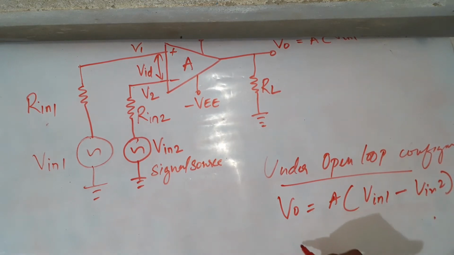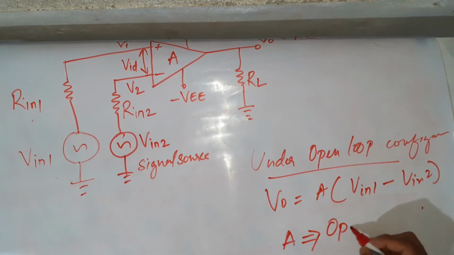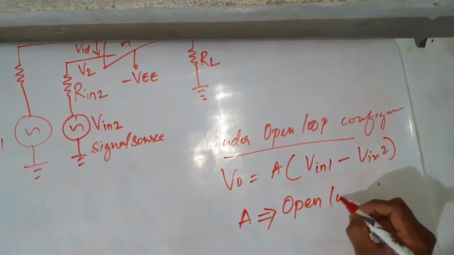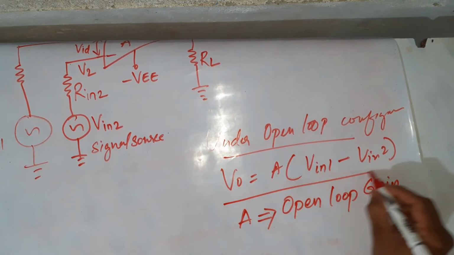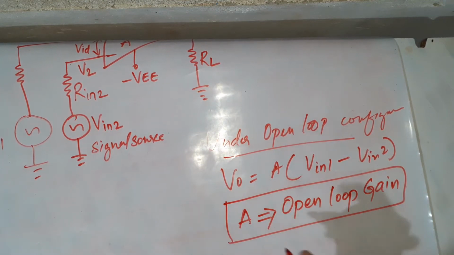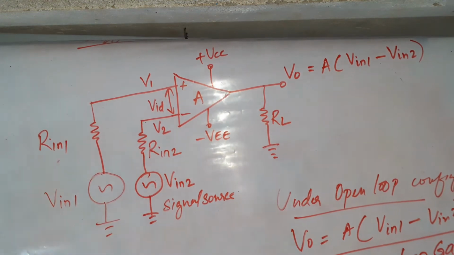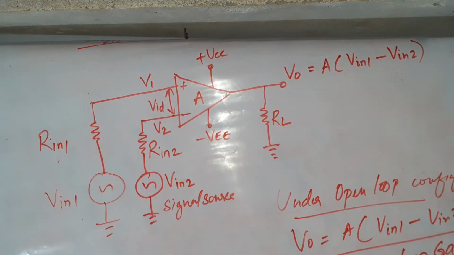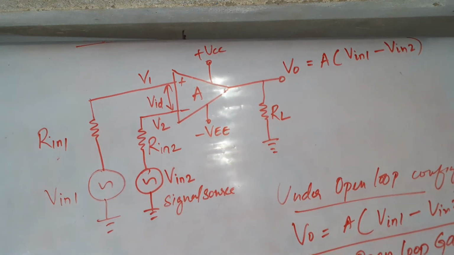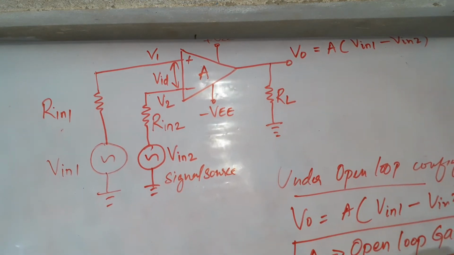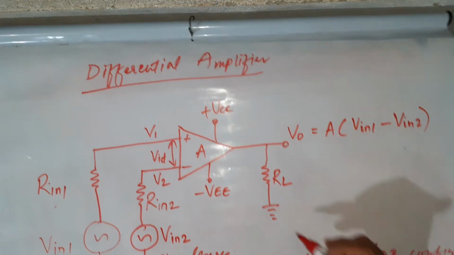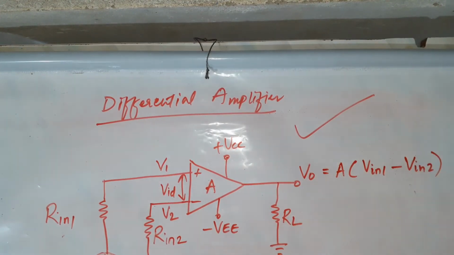Okay, where A is very important, where A is open loop gain. This point is very important, where A is acting as open loop gain. Okay, A is acting as open loop gain. Yes, that's it. So this is your differential amplifier. Similarly, we'll see the other two configurations.